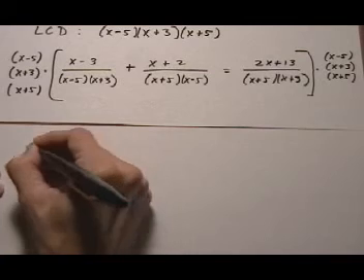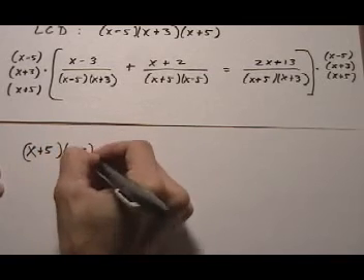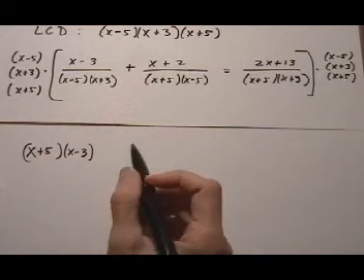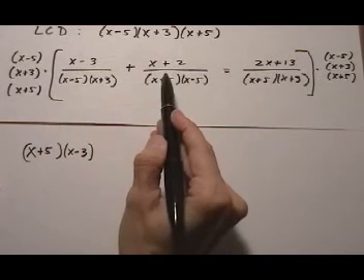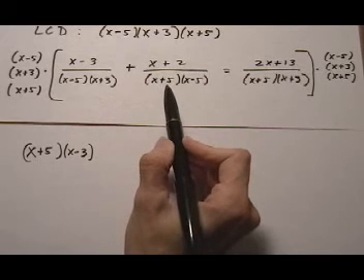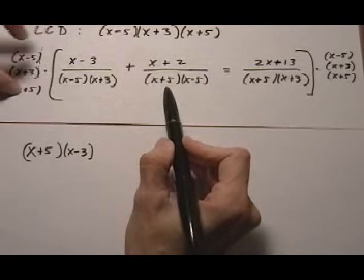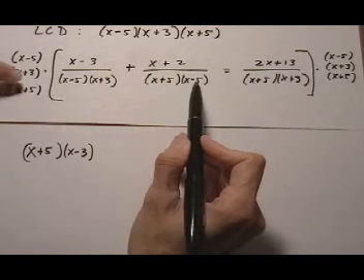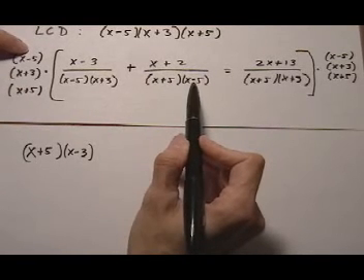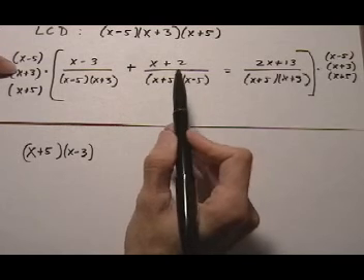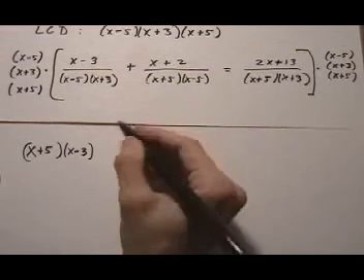And the denominator's gone. LCD multiplies into the second fraction. The x plus 5 and the x plus 5 cancel out. The x minus 5 and the x minus 5 cancel out. We're left with x plus 3 times x plus 2.